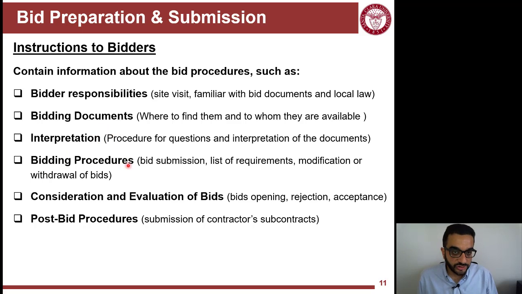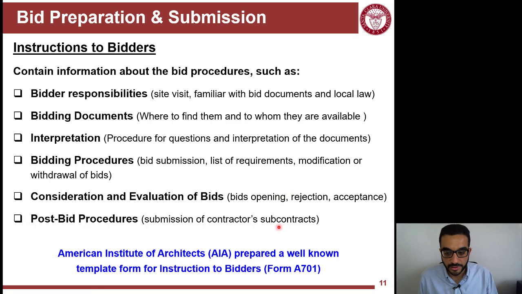What are the procedures for the bidding, the opening of the envelopes, the times and dates, and who's doing that, and how the bids will be evaluated, and finally, what will be the procedure after the bid is open.